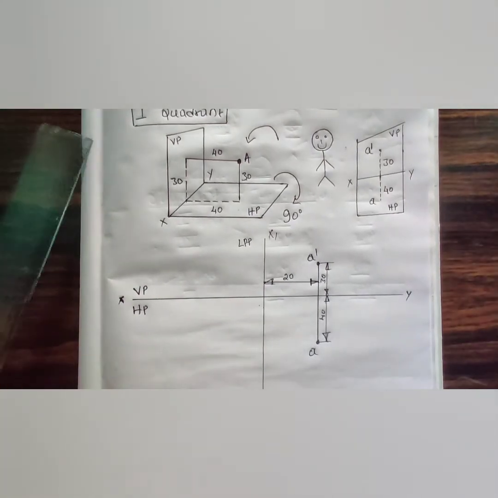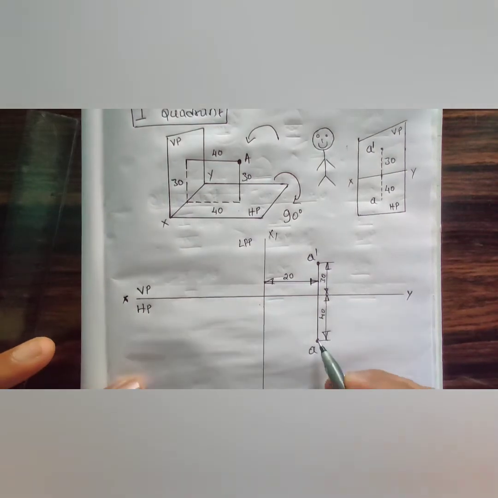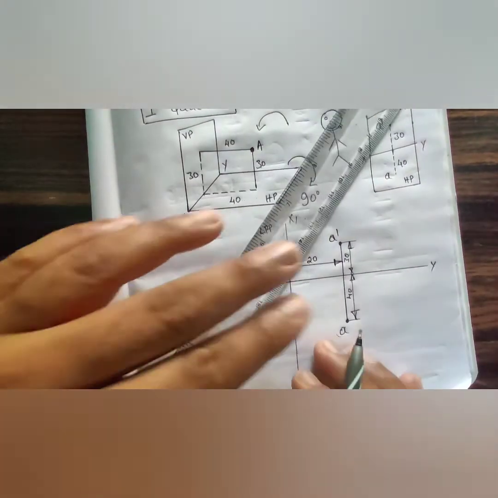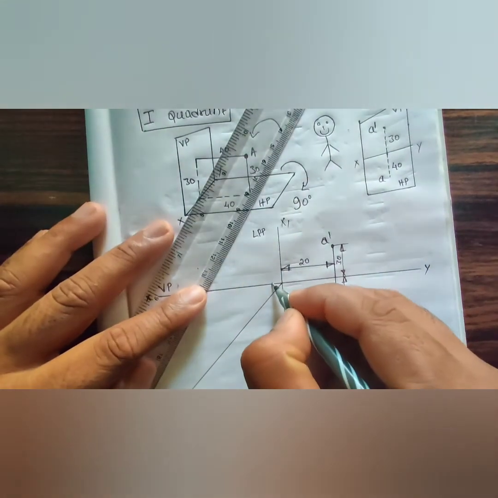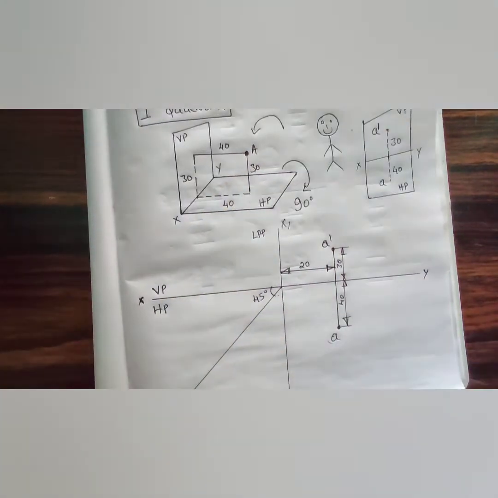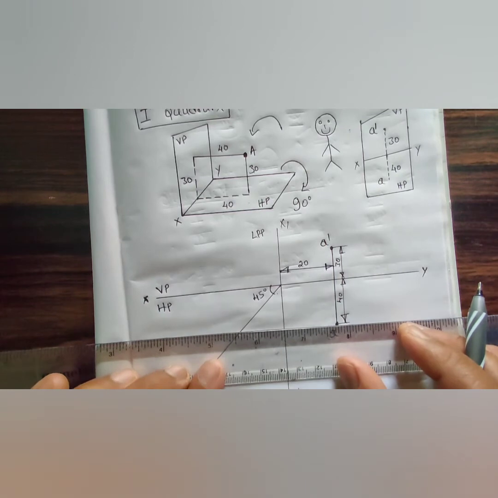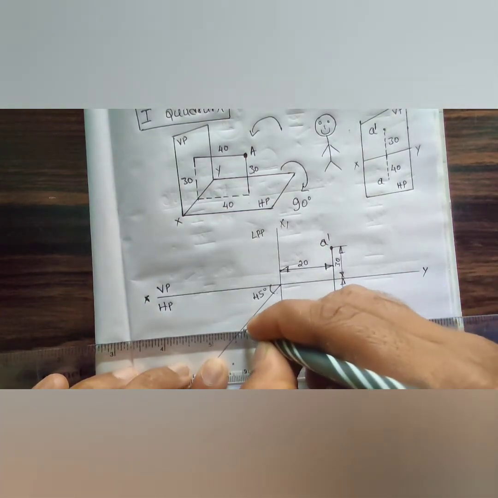So now we have to get its side view. For that, what we have to do is we have to search where the top view is. So the top view point is here. So exactly opposite to that, on the other side, we have to draw one 45 degree line. Okay, so now from this top view point, we have to draw one line till it touches the 45 degree line.